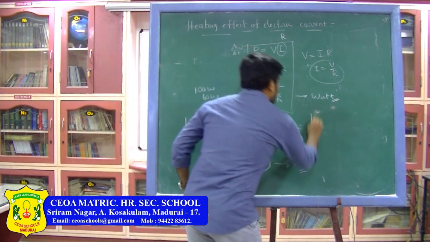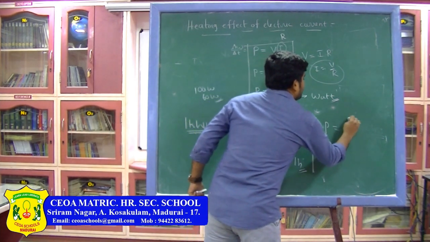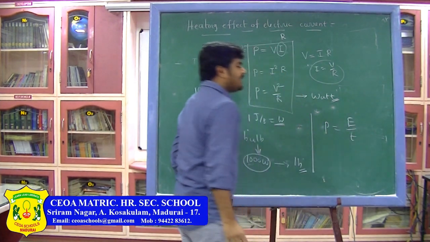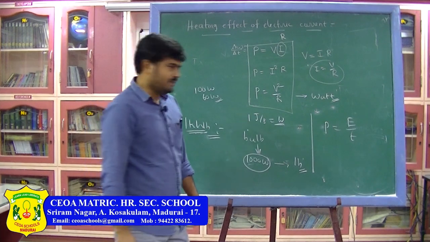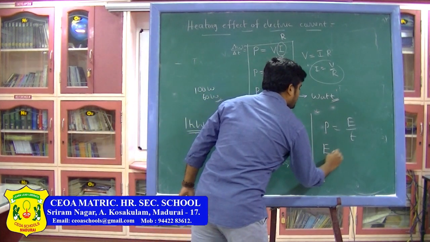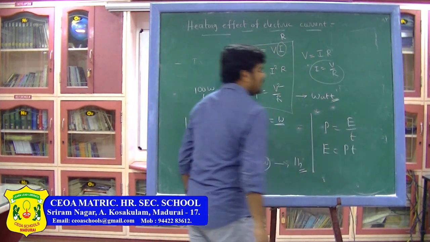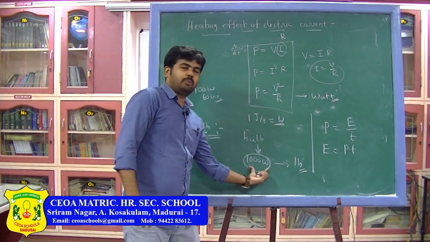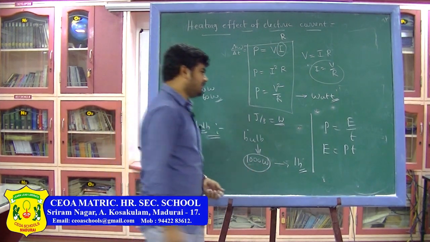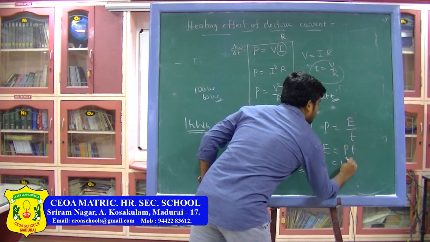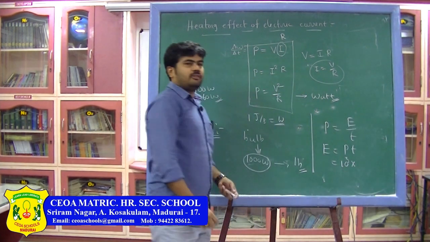Now, we know that power is equal to energy divided by time. Here we are calculating the energy consumed by that appliance, so energy is equal to power into time. The power of that electrical appliance is 1000 watts, that is 10 power 3, used for 1 hour.